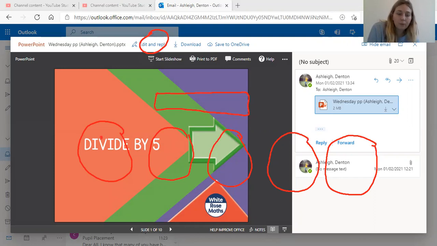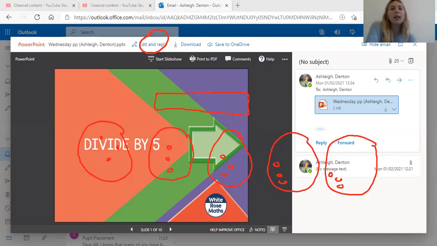So 1, 2, 3, 4, 5, and go back to the beginning, 6, 7, 8, 9, 10, back to the beginning, 11, 12, 13, 14, 15. Okay, so I've shared my 15 dots, my conkers, equally between my 5 equal groups.